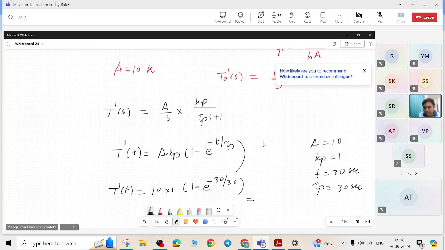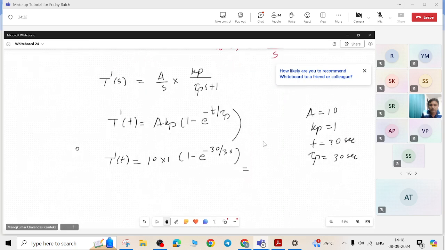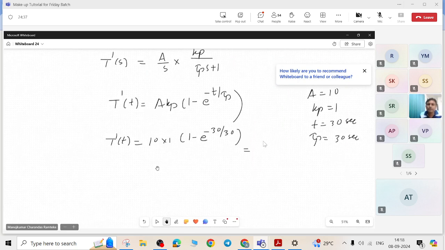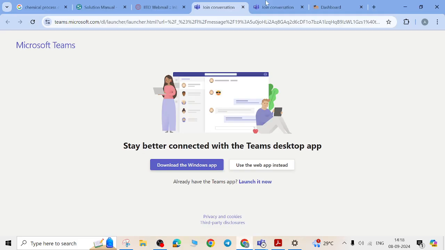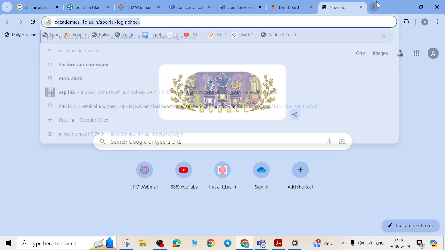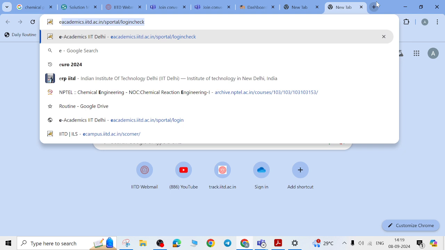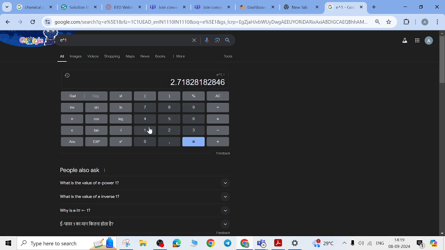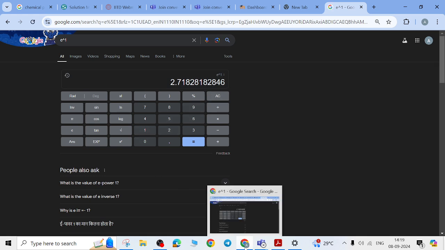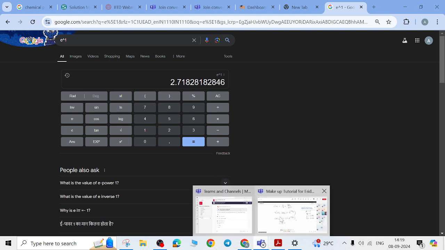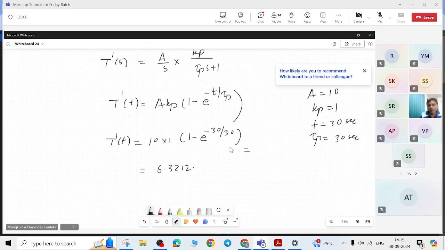Calculate this value and tell me. Can anybody tell me the value here? 6.32. So that comes out to be 6.3212. So this is what we have obtained.